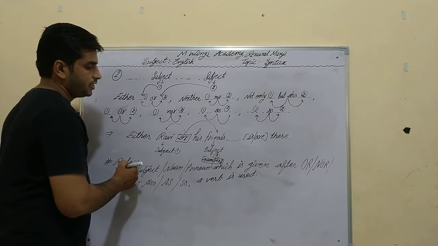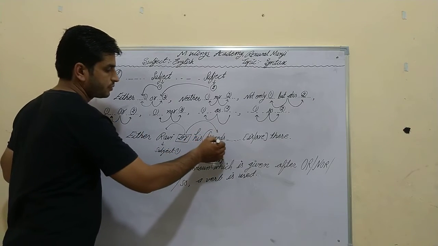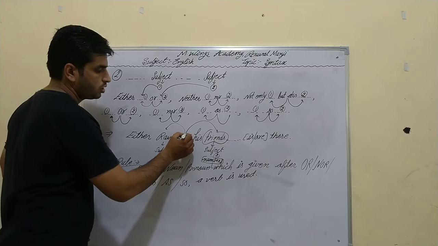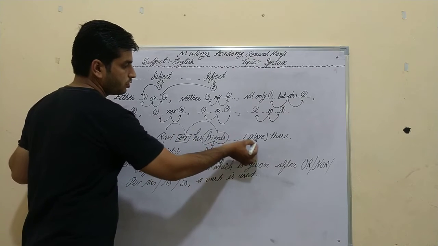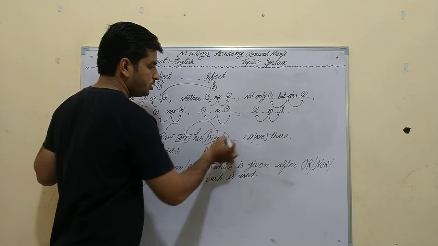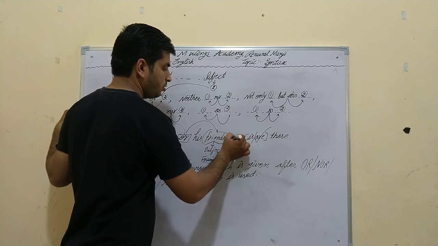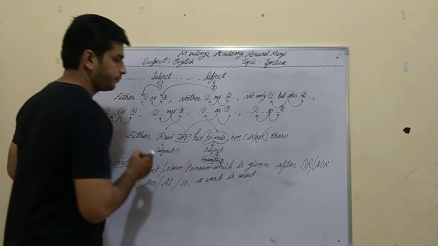In this sentence we have friends, which is after or. According to this subject number we use the verb. It is plural, so we write the plural verb, which is are.